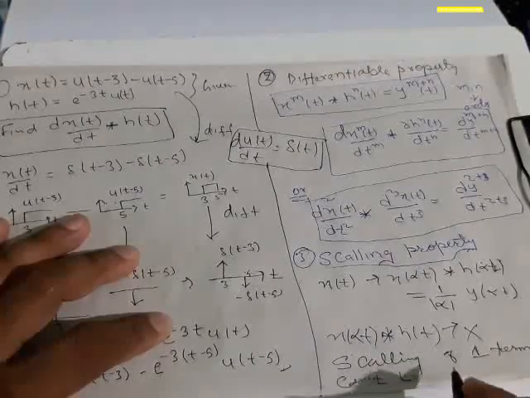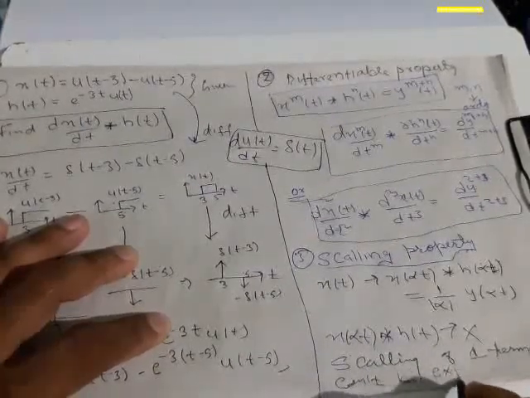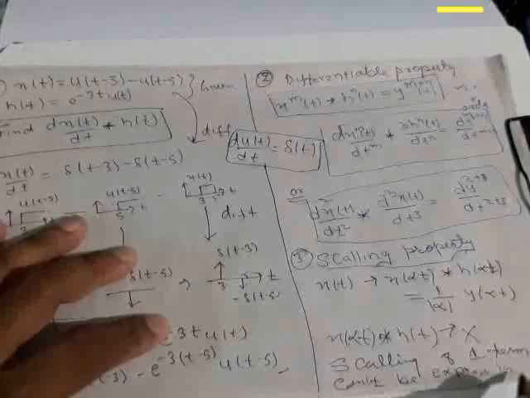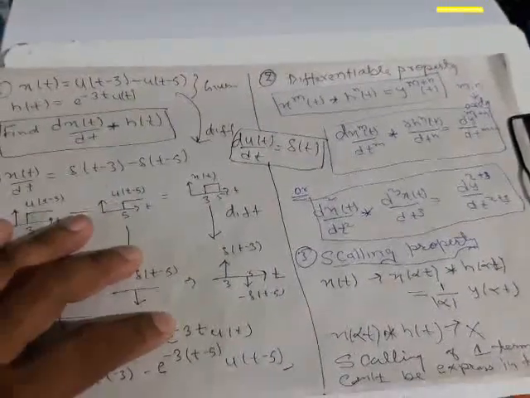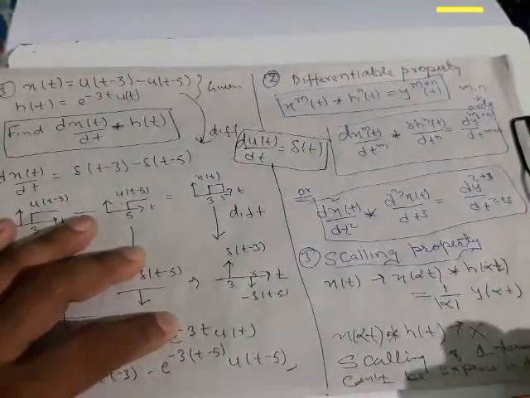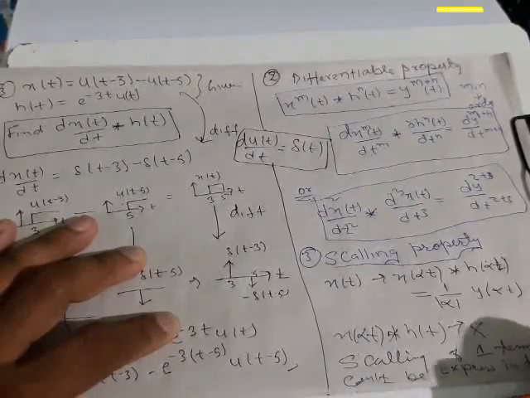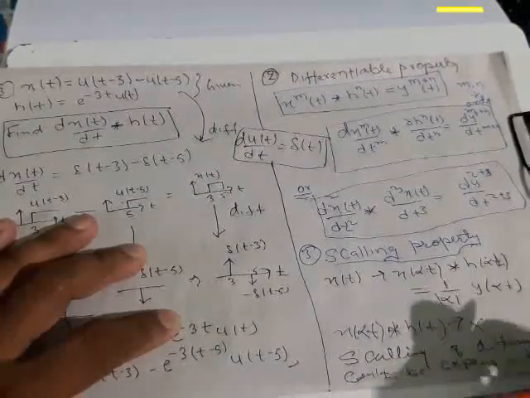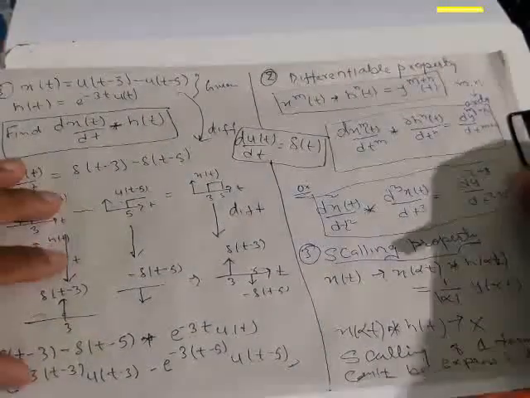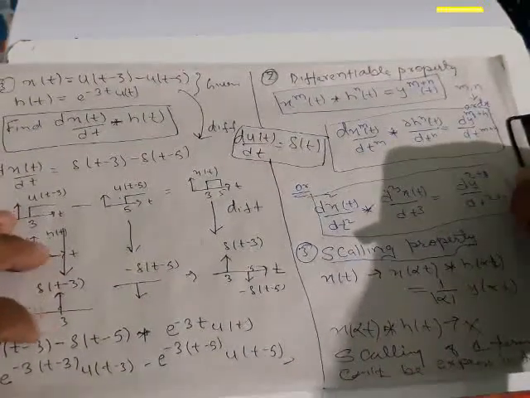If it is continuous time domain and we convert into the Laplace frequency s term, then we have to multiply, that is the convolution property. So for this we take the Laplace transform. For u of t it is 1 by s, and for this one it is 1 by s plus 1. That is nothing but 1 by s minus 1 by s plus 1.